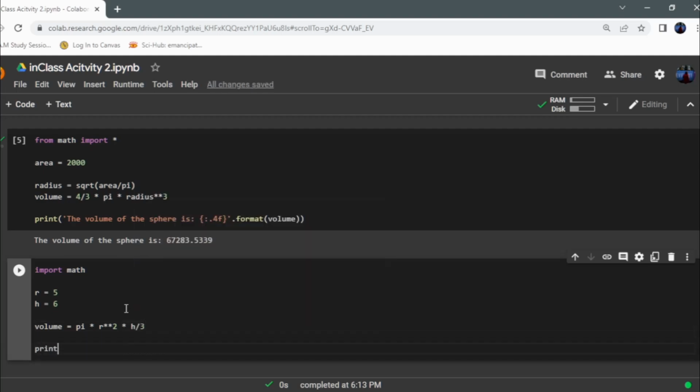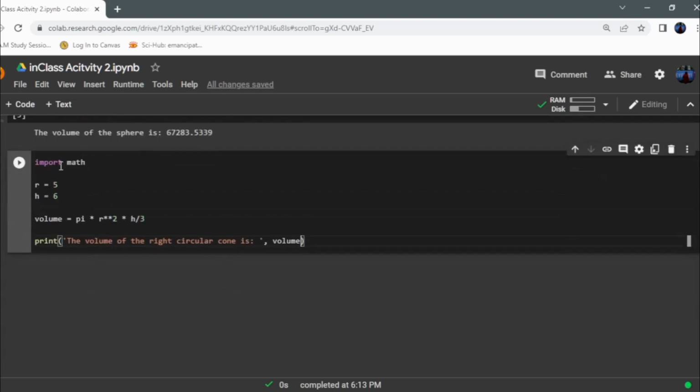So print the volume of the right circular cone is... Yeah, there.